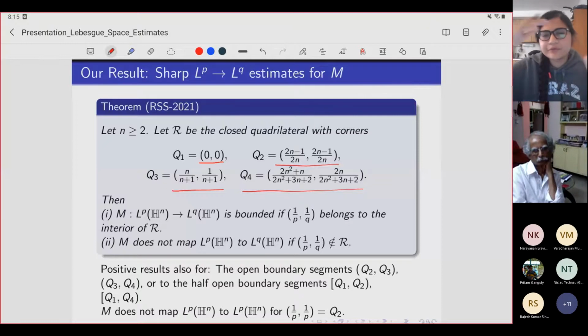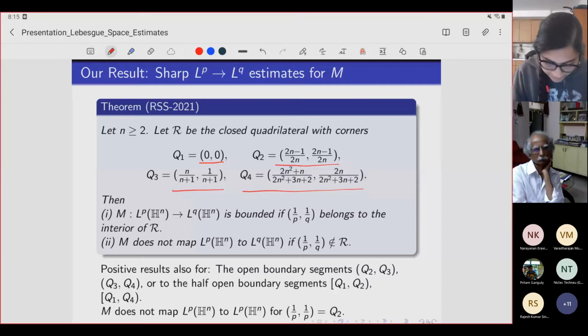So it's almost sharp up to the endpoints, the edges. In the paper, we also have some partial results on some open boundary segments on the edges, and a negative result for Q2 and such. Although we have not covered everything, and these are weak type results, in this talk I will not be getting into those technicalities. Let's just look at this almost sharp result. So this is the main theorem.